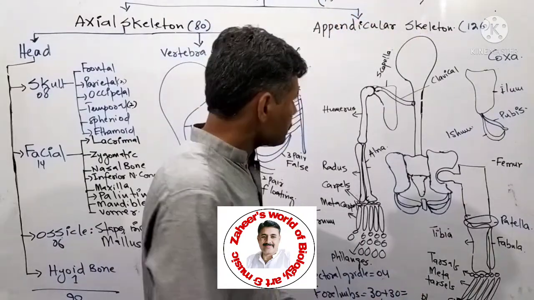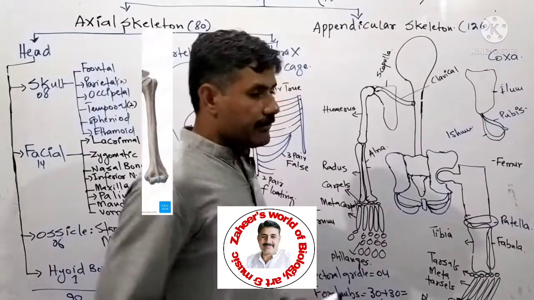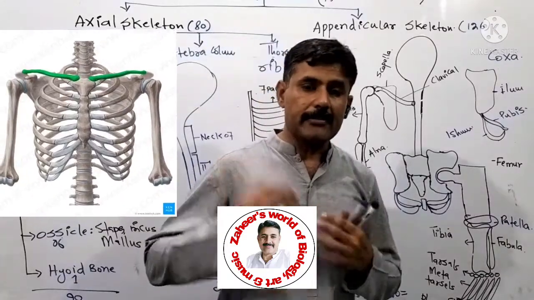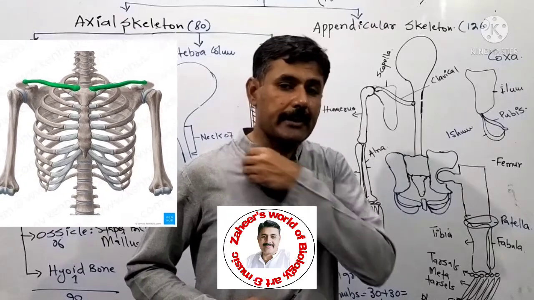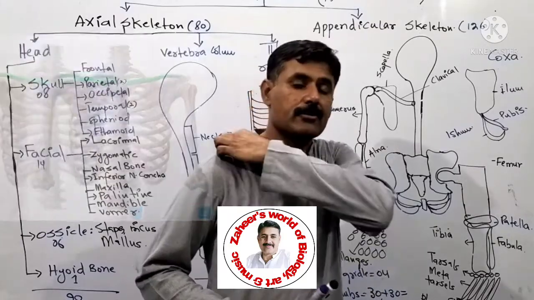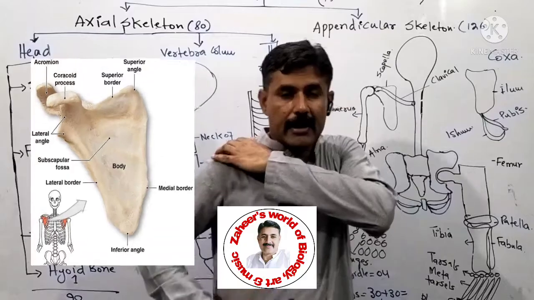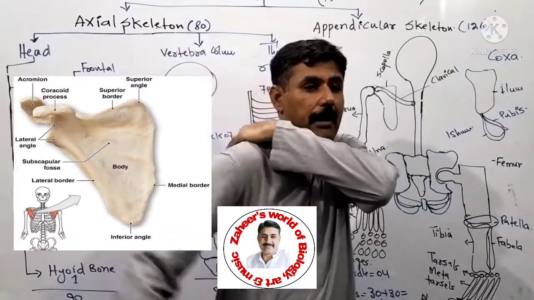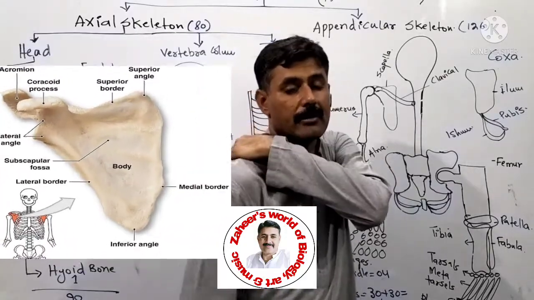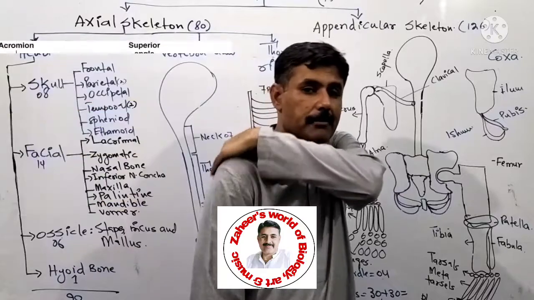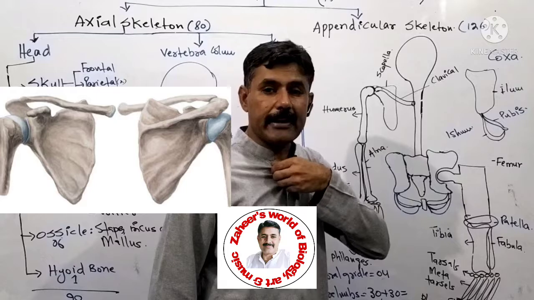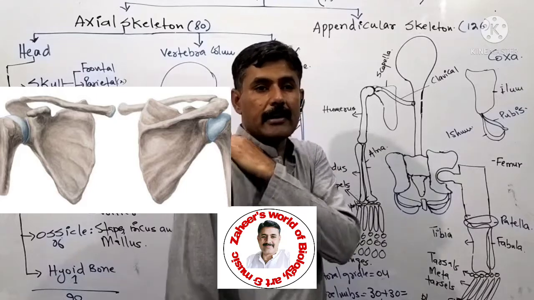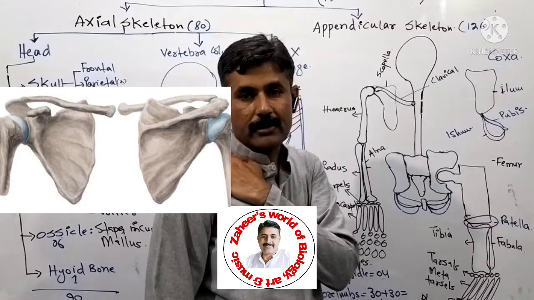How is this appendicular skeleton formed? In the pectoral girdle, there is a bone called the clavicle that connects to the sternum right from the front, and it connects to the scapula at the other end. The scapula is a broad bone present on the back side. This scapula connects to the clavicle from the front side, and they make a girdle called the pectoral girdle.